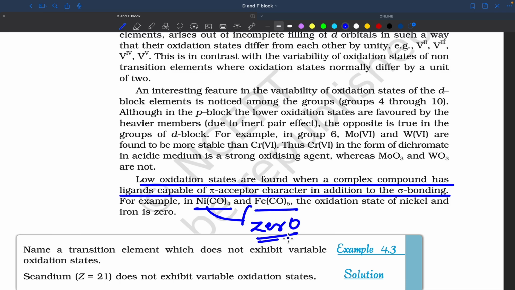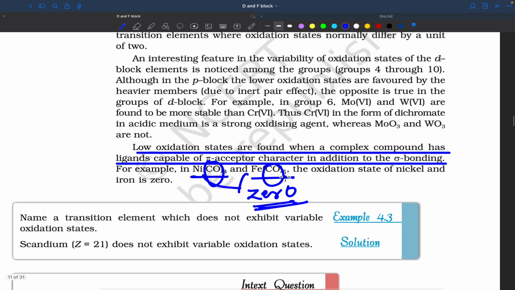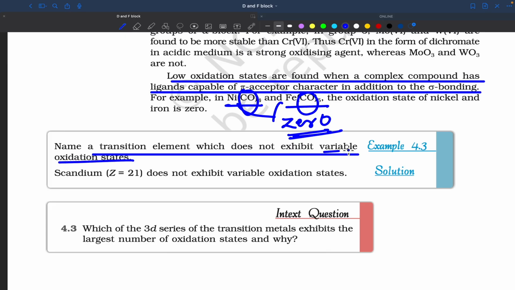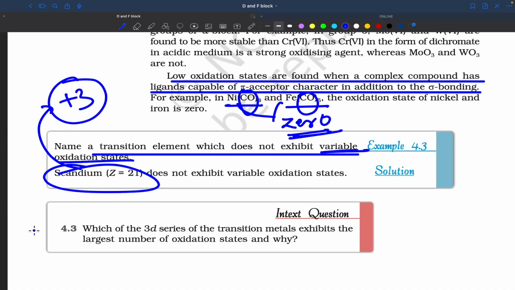They don't show any oxidation number because the ligands are neutral ligands, they act like pi bonding acceptors. Right? So here we have one question. Name the transition element which does not show variable oxidation numbers. So the answer is direct, scandium. What is the oxidation number possible for scandium? That is plus 3.